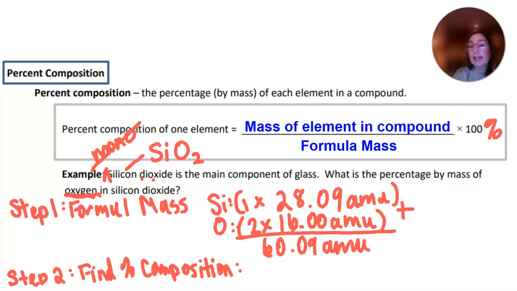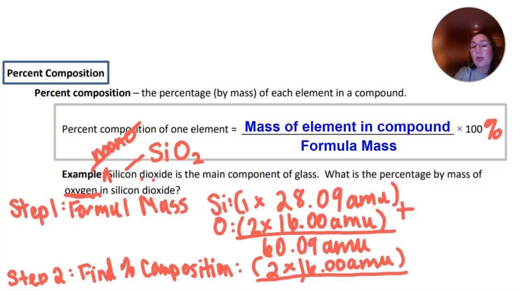So I rewrite the oxygen portion: there's 2 times 16 AMUs. That's the part that is oxygen. Divide by the total, the 60.09 AMUs, dividing by the total formula mass. So I did just the part that's oxygen, the 2 times 16, divided by the total formula mass, the 60.09.